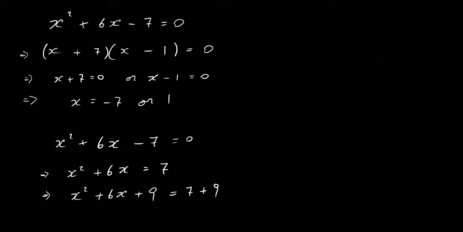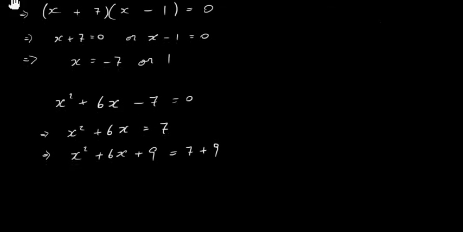Now, just to recap on what we've done, we've moved the minus 7 over to this side first of all. It's become plus 7. We've taken the plus 6, we've halved it, that's given us plus 3. And then we've taken the plus 3 and we've squared it, and that's given us 9. And we've added 9 to both sides of the equation.